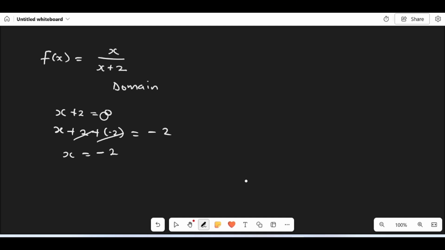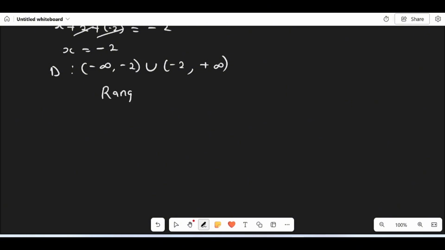Since the function will be undefined when x is equal to minus 2, the domain is all real numbers except minus 2. Negative infinity comma minus 2 union negative 2 comma positive infinity.